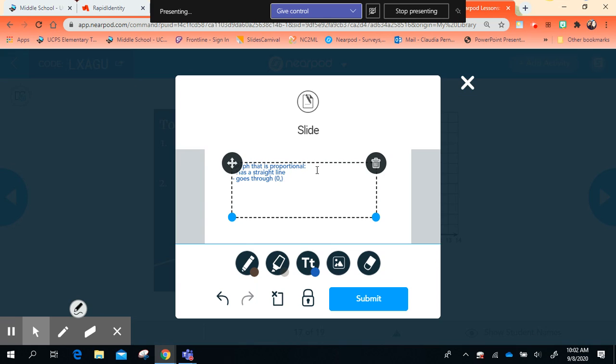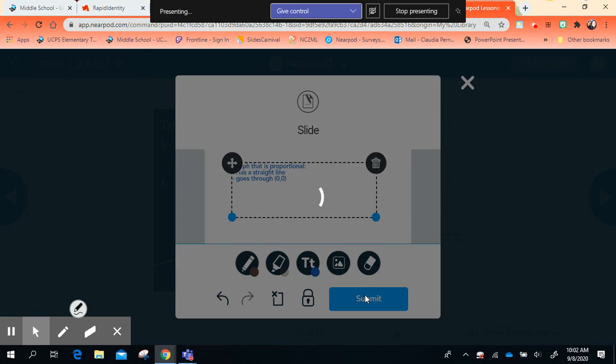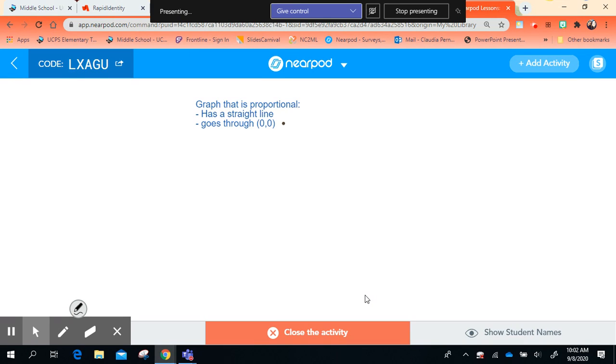I know we talk about this a little bit more tomorrow, more specifically, but I'd rather you guys just have it right now. So a graph that's proportional has a straight line and goes through 0, 0. If it doesn't have both of those, it is not proportional. So make sure you have that written down. Today was really an introduction to graphs, but I still want you to have it written down.